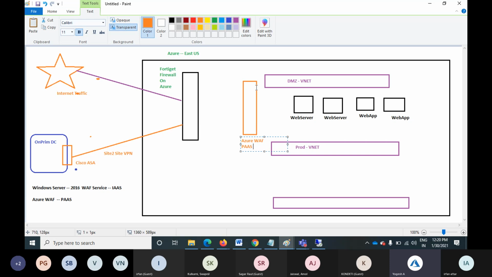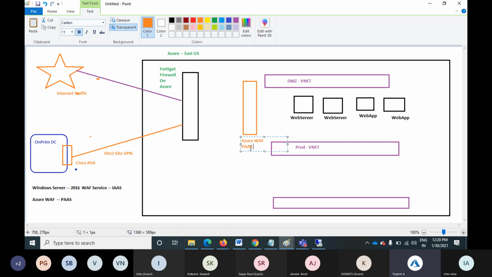When you deploy that appliance, it comes under infrastructure as a service, as we discussed last week, where we need to manage the virtual machine and the operating system as well.